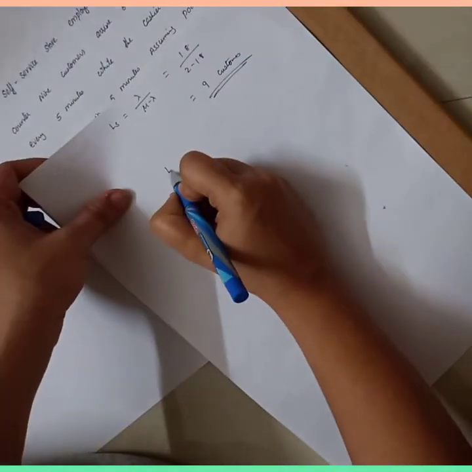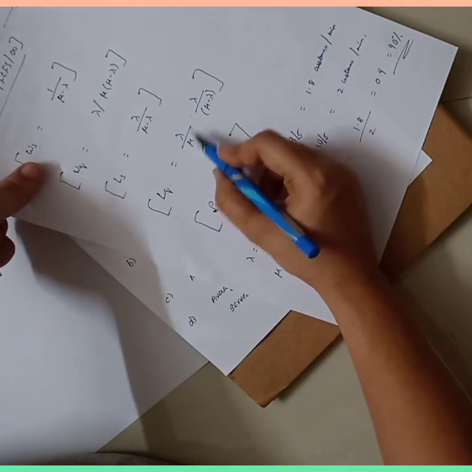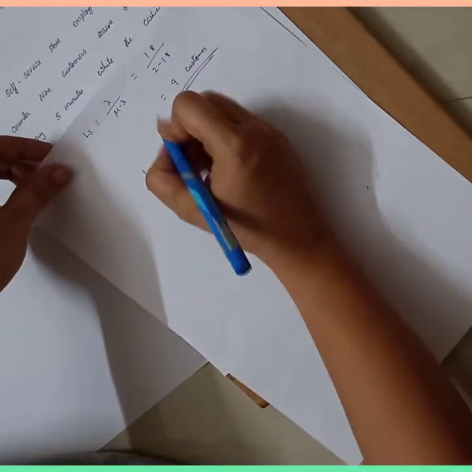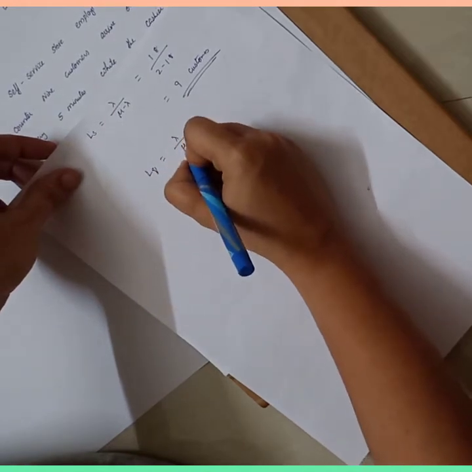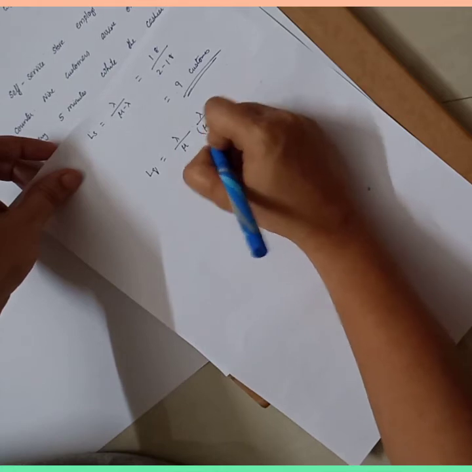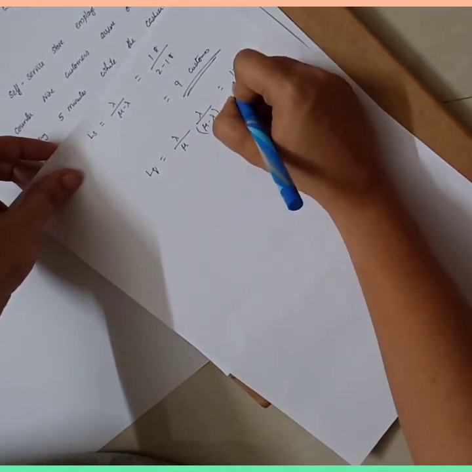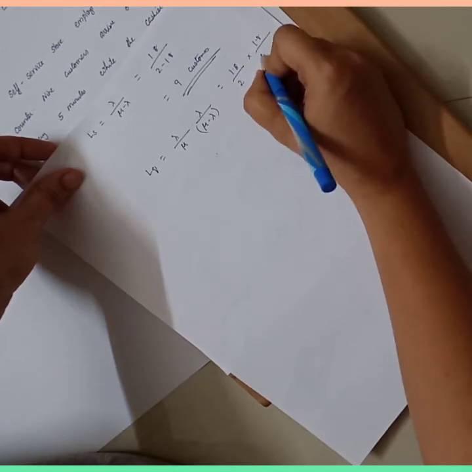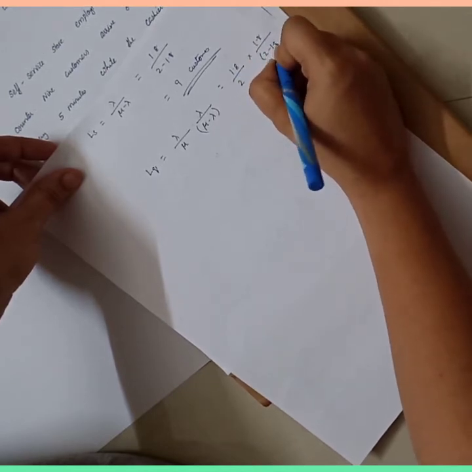Then the next one is average number of customers in the queue or queue length, that is LQ. The formula is lambda divided by mu into lambda divided by mu minus lambda, which is equal to 1.8 divided by 2 into 1.8 divided by 2 minus 1.8.